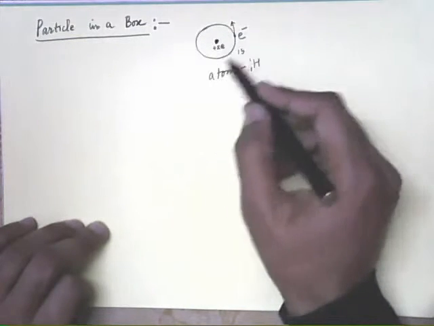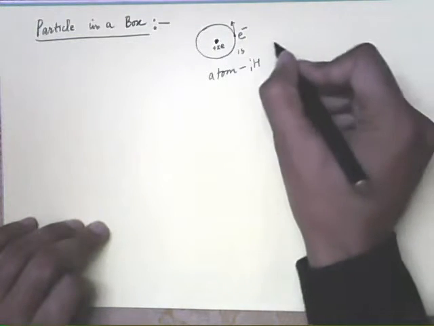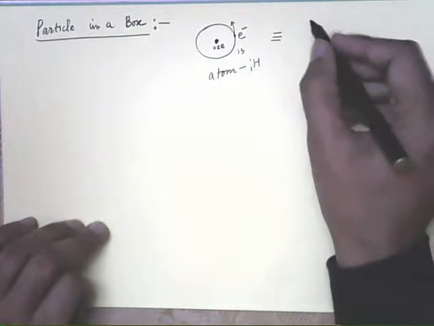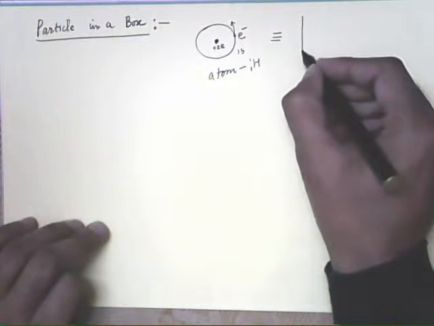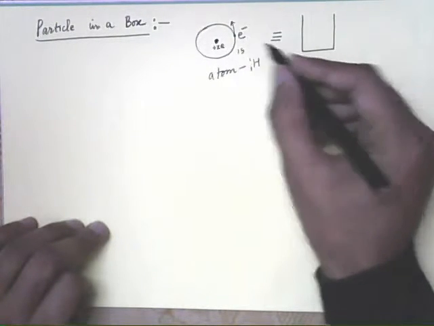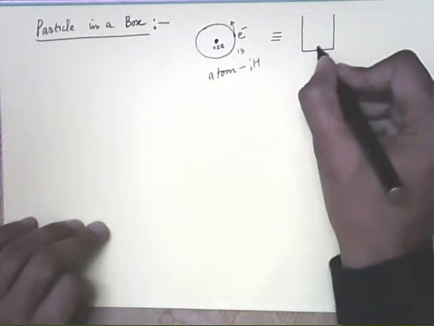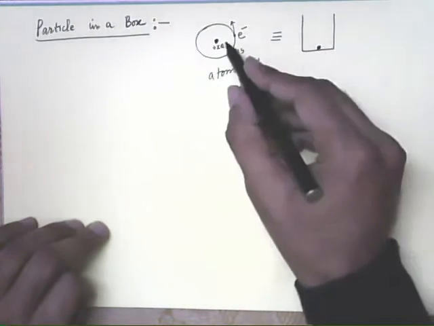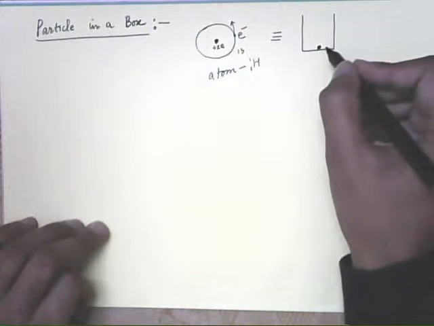Basically, instead of using this picture, we can make one more picture equivalent to this, and here we can assume that this electron is inside a potential well, or simply a well. This picture is equivalent to this one.